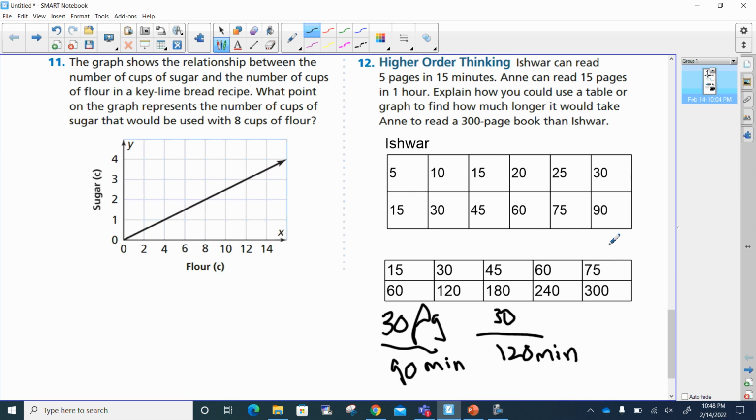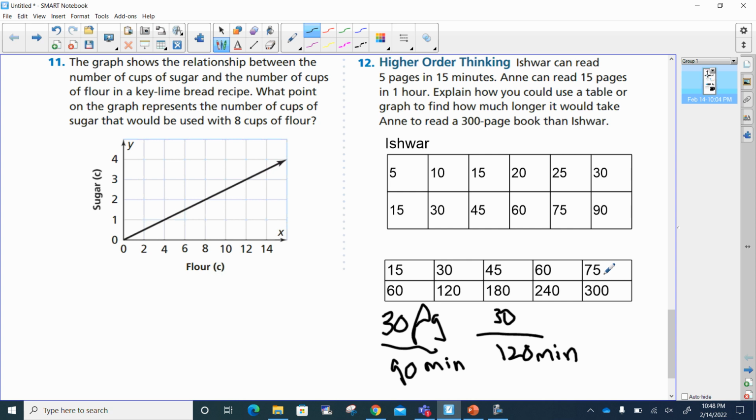What we have to wonder is, how long will it take Ishan to read 300 pages? Well, we know that 30 times 10 will give us 300, which means 10 times 10 will give us 100, right? So he can read, explain how you can use a table or a graph to find how much longer Anne would take to read 300 pages.